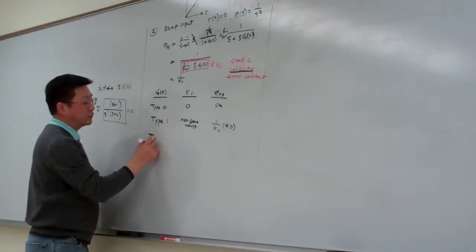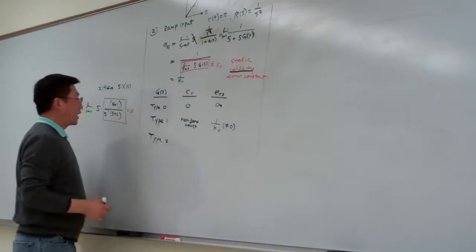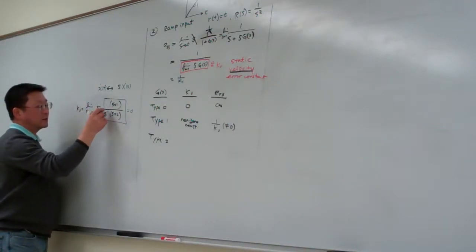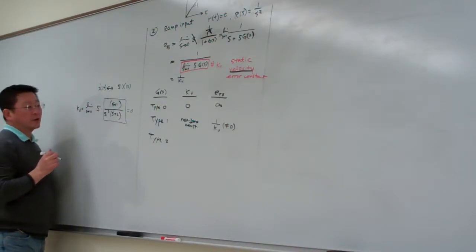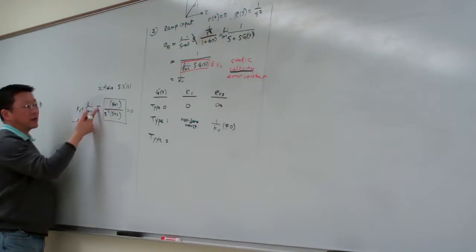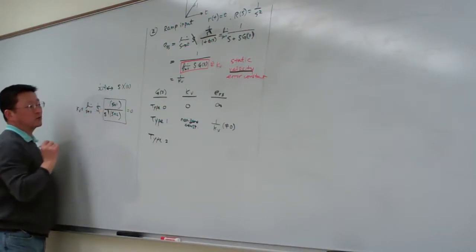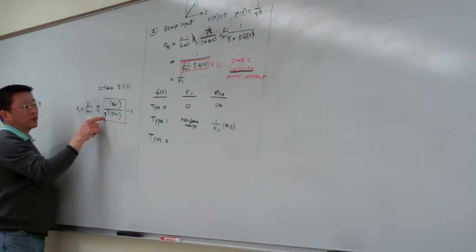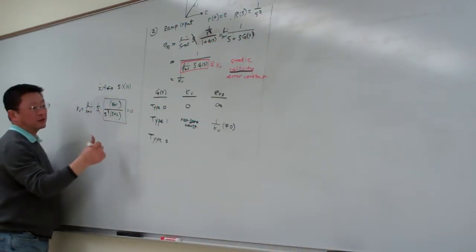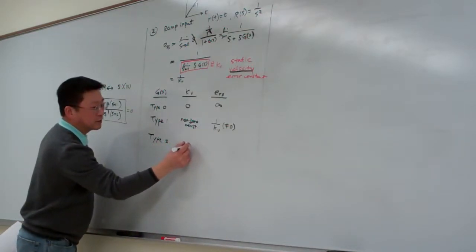Okay, then we see type 2. A type 2 system is where something here is 2, right? Now we simplify the s with this one, so we cancel this out. So we have s divided by 0 here, so Kv becomes infinity.